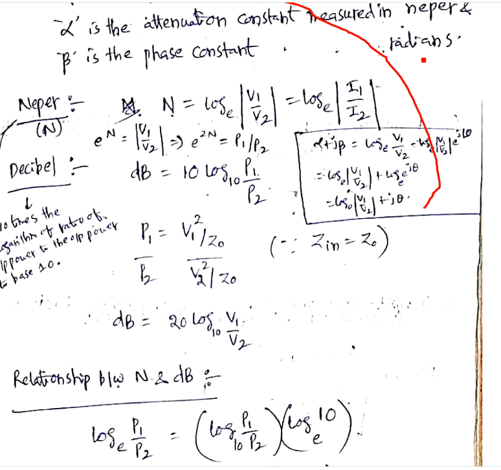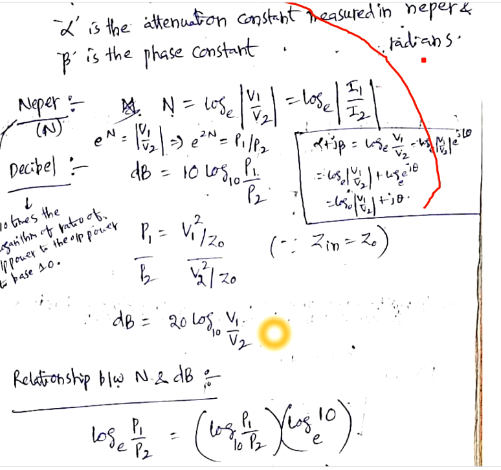Here P1 by P2 is nothing but V1 square by Z0 over V2 square by Z0, because Zn is equal to Z0. So that means dB is equal to 10 log to the base 10 of P1 by P2. If I replace that with V1 by V2 whole square, what do you get? 2 will come down and you will get 20 log to the base 10 V1 by V2, right? Fine. So this is nothing but decibels.